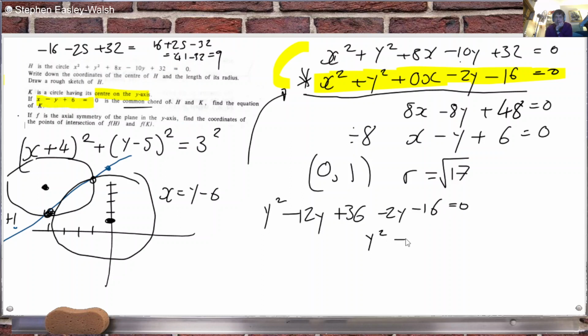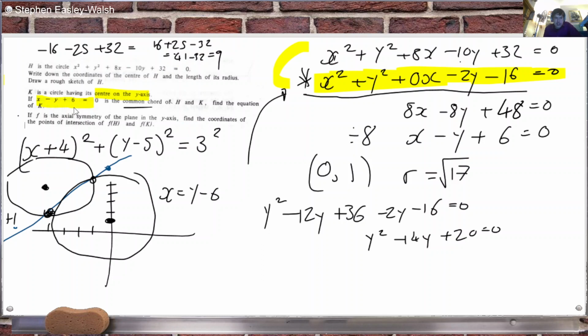So that's y squared minus 14y plus 20 equals 0. 16, 25, 2 and 10 doesn't do it. Let's get a calculator out. It has surd roots, which could be right, but let's just double check.